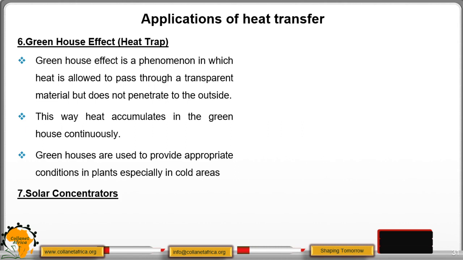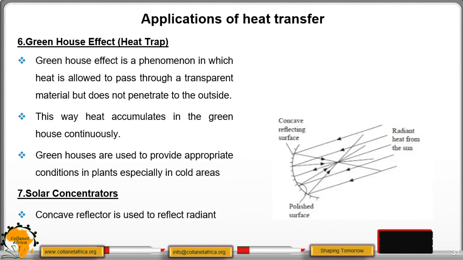Then number 7, we have solar concentrators. As you can see, this is where the rays of light or the radiant heat are reflected and brought to focus at a single point. This is concave, the way it is curved, and it is shiny from this side.